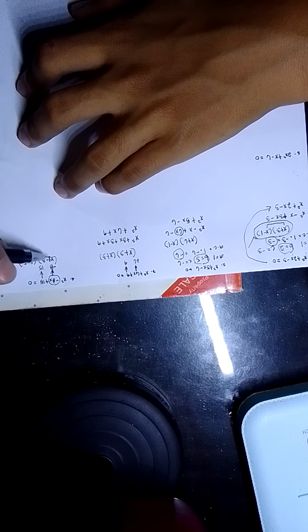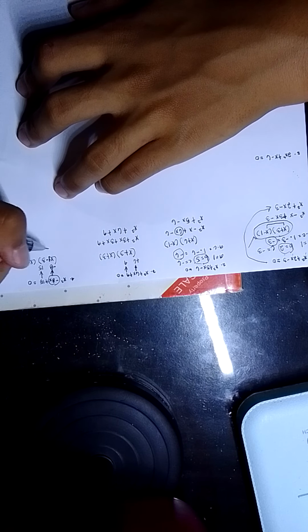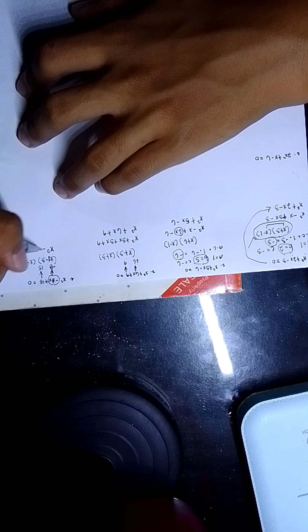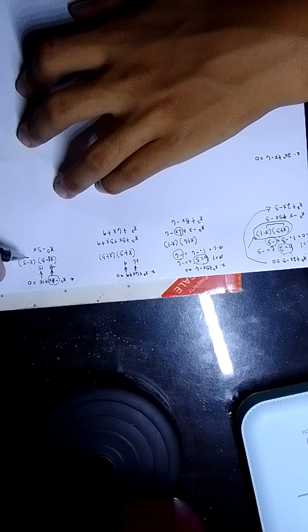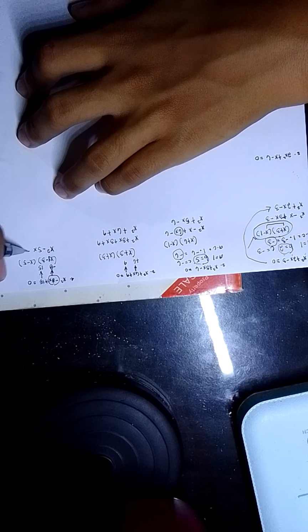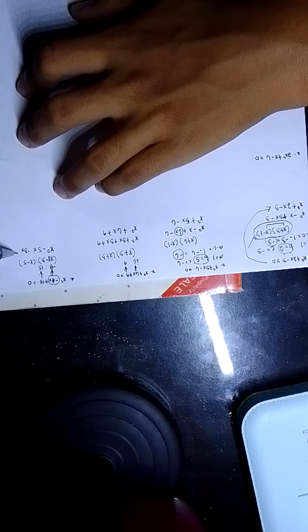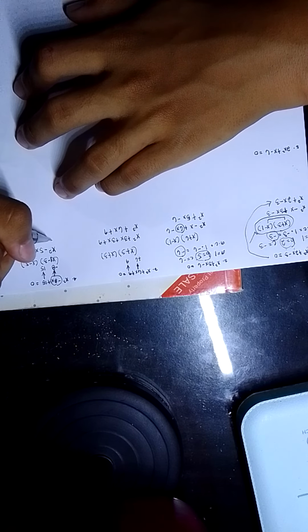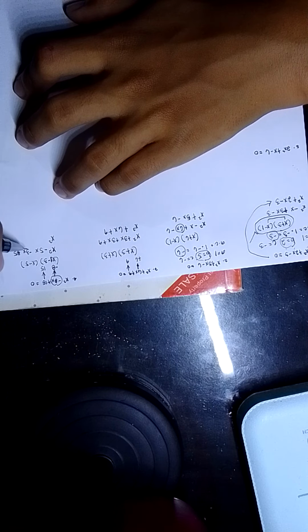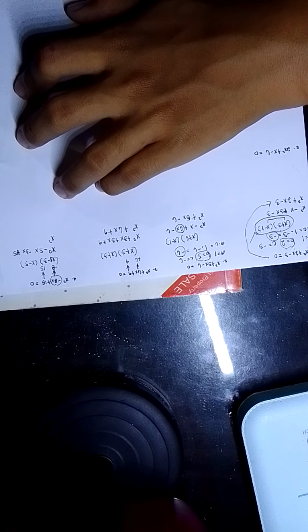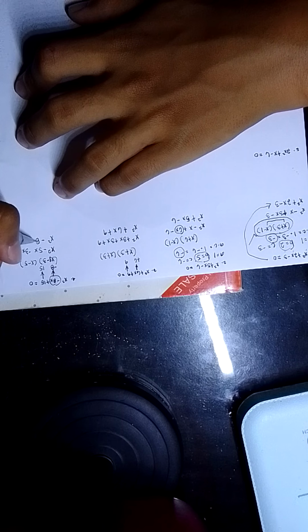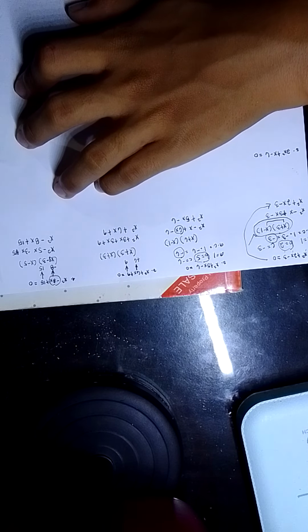Then let's check if it is correct. x times x is x squared. x times negative 5 is negative 5x. Then negative 3 times x is negative 3x. Negative 3 times negative 5 is positive 15. Then combine the like terms, copy x squared, and since they are both negative, we're going to add them. The answer is negative 8x, copy 15.